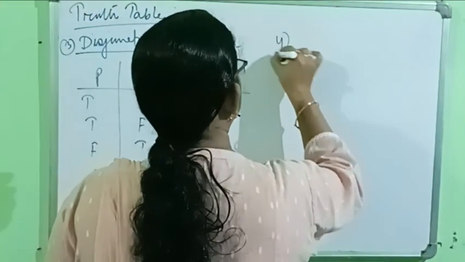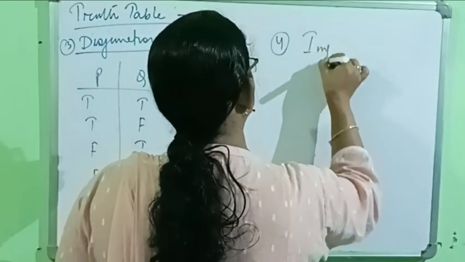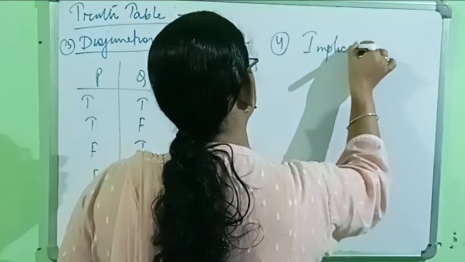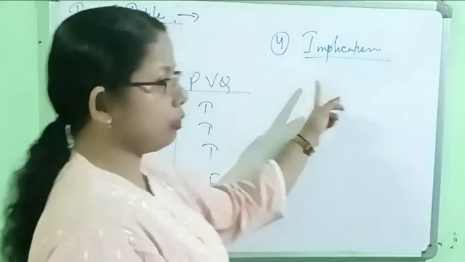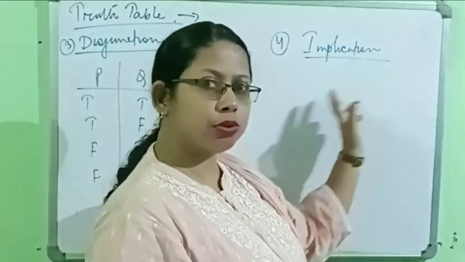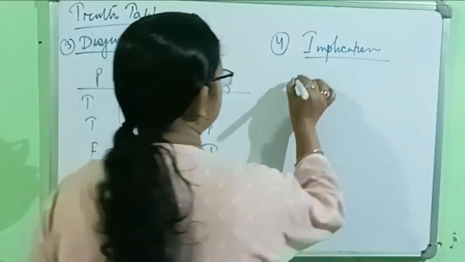Next, 4. Implication. If I have two statements P and Q, then P has two choices, Q has two choices, that makes four choices.